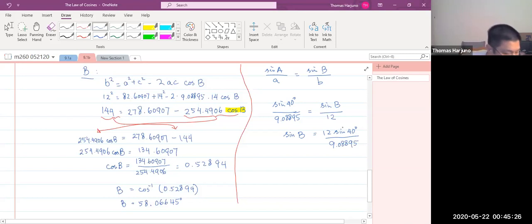Okay, so 12 sine 40 degrees divided by 9.08895. That gives me sine B equals 0.84866. So B is sine inverse of that number.